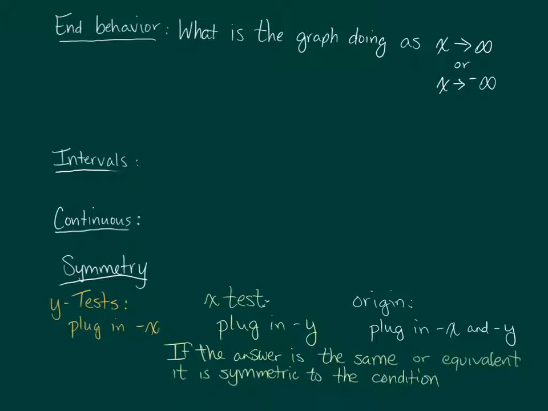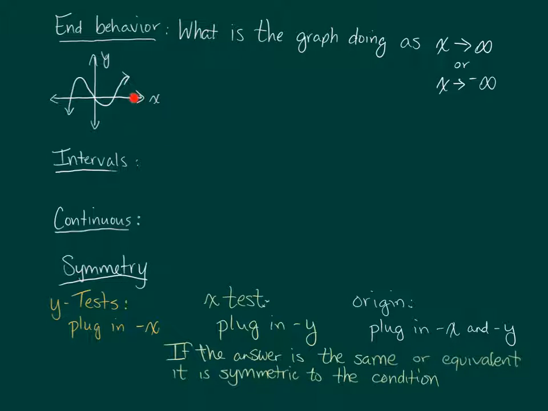So I'm just going to sketch a really quick graph right here. Say this is my x-axis, and I'll just do a quick almost sine curve, and it's going to continue in both directions. So I'm going to look at this portion of my graph as x is approaching positive infinity.